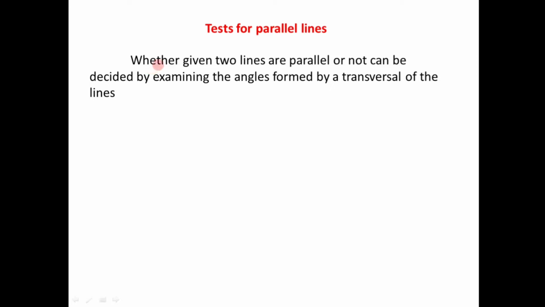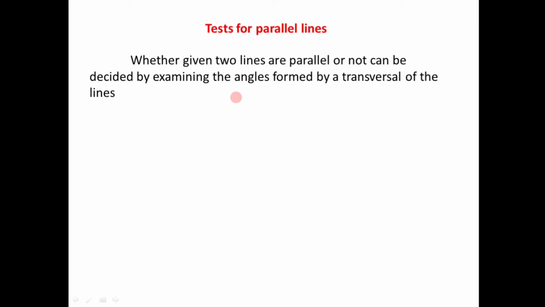Whether given two lines are parallel or not can be decided by examining the angles formed by a transversal of the lines. As we have learned, if there are two lines given in a plane and a transversal intersects both the lines, then in all there are three pairs of angles formed by the transversal.